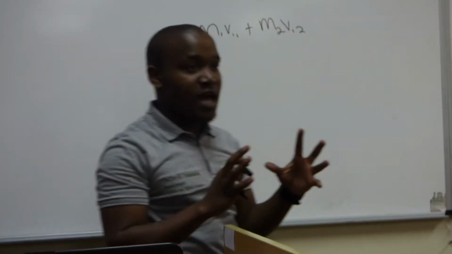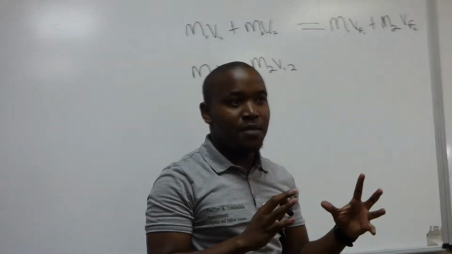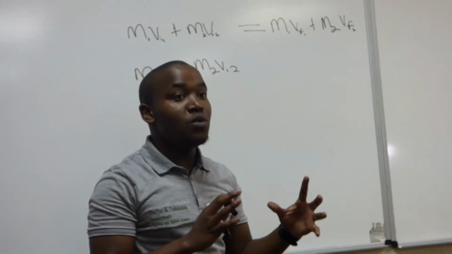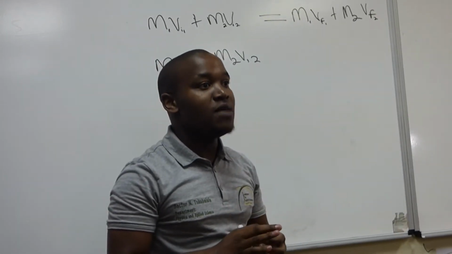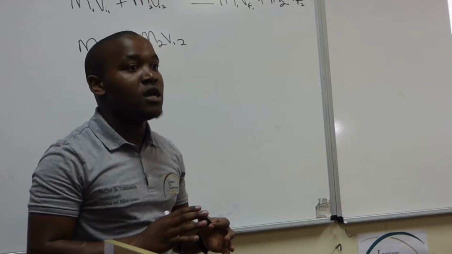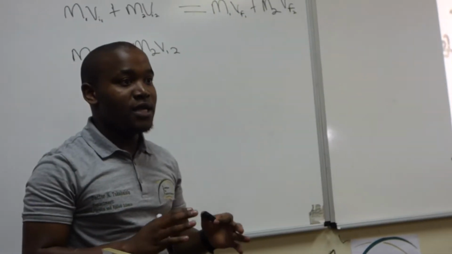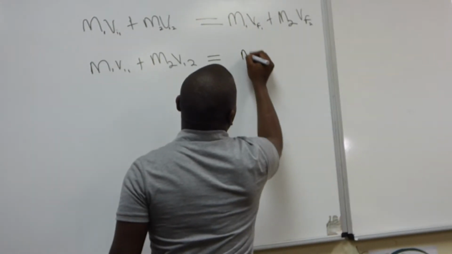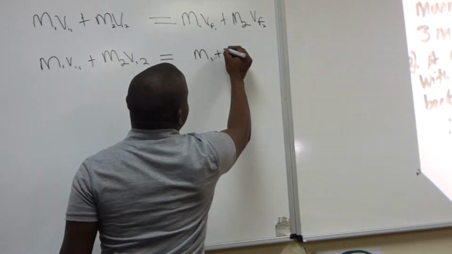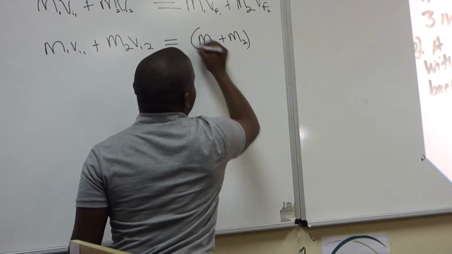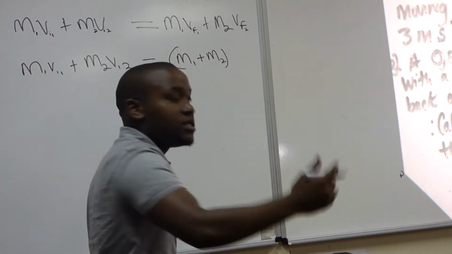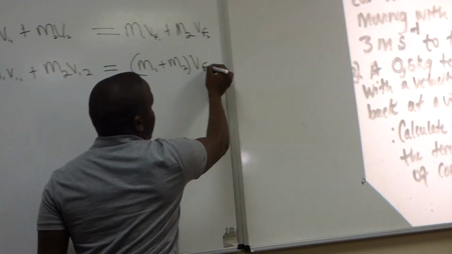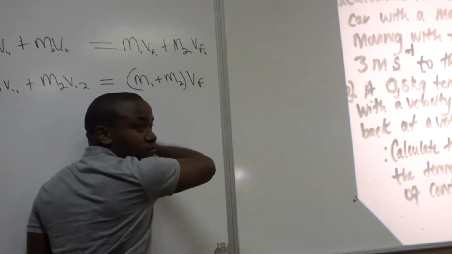But after interaction, they move together with the same velocity. Then you add their masses. You have mass 1 plus mass 2. Then they move together with the same velocity. You're going to have VF there. Please write it's coupling.